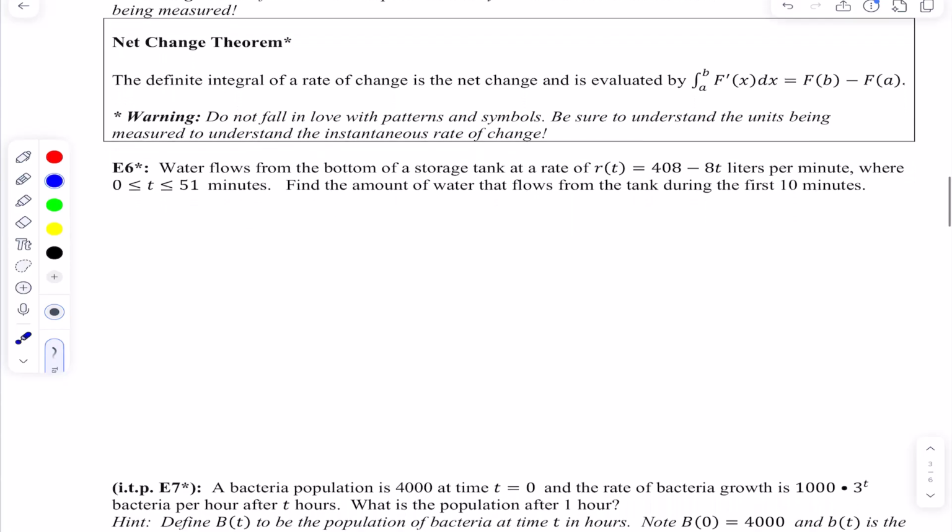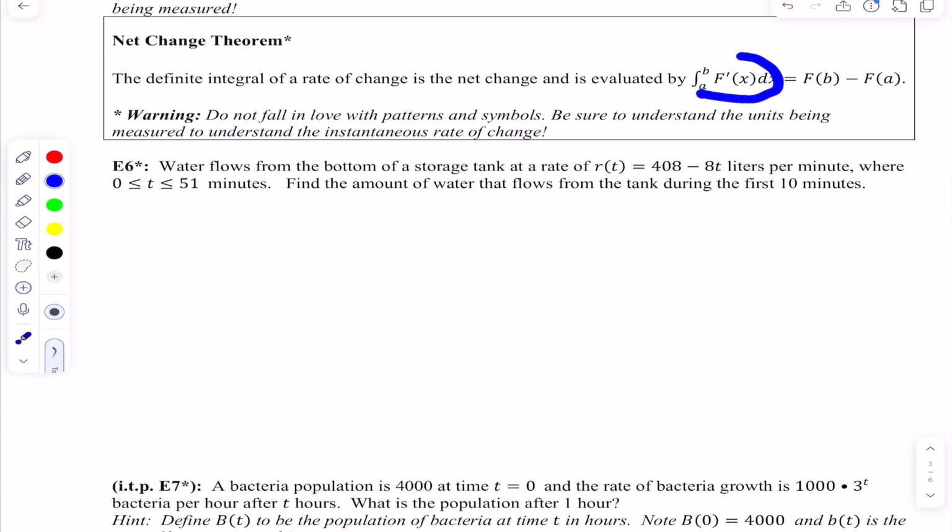We'll look at an example where the capital letters really do not matter that much. Instead, you got to pay attention to the vocabulary. My hint to you is to look for the rate of change and write down those units.